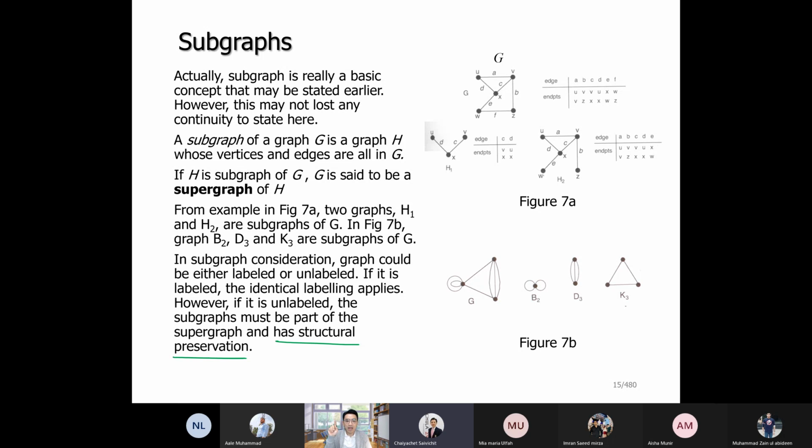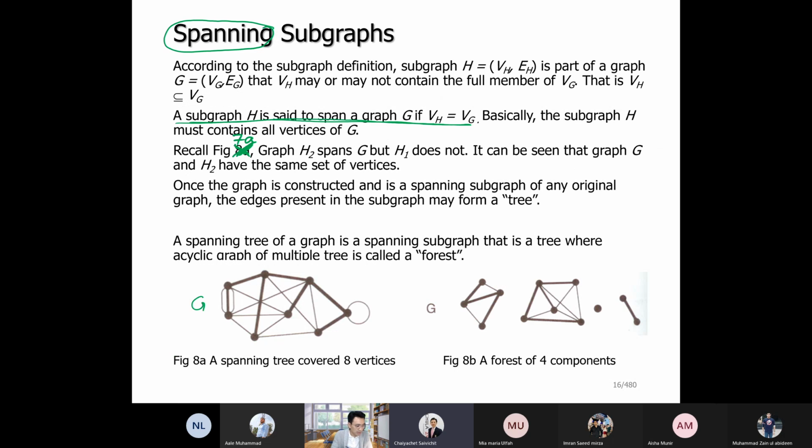So H2 is considered to be a spanning subgraph of G, but it might not contain every edge of G. You see the edge F disappears from H2. So H2 spans G, but H1 does not. It can be seen that graph G and H2 have the same set of vertices, those 5 vertices there.